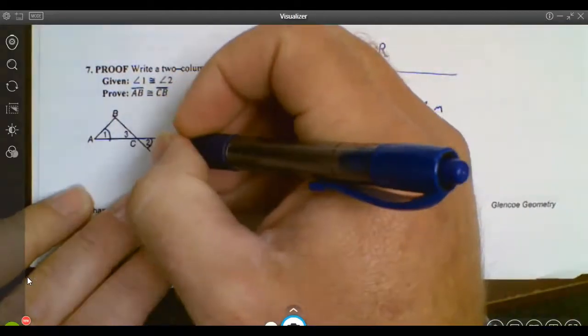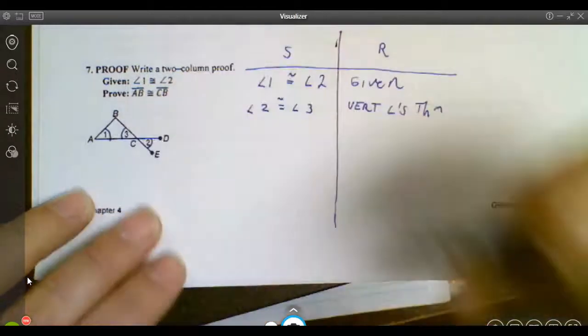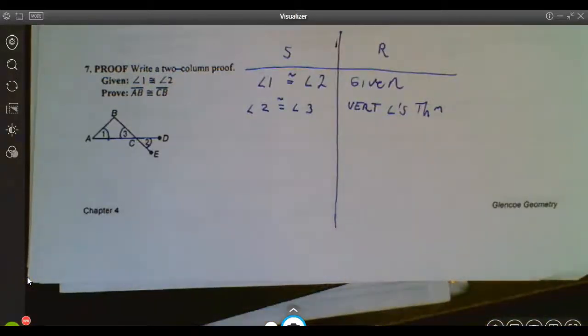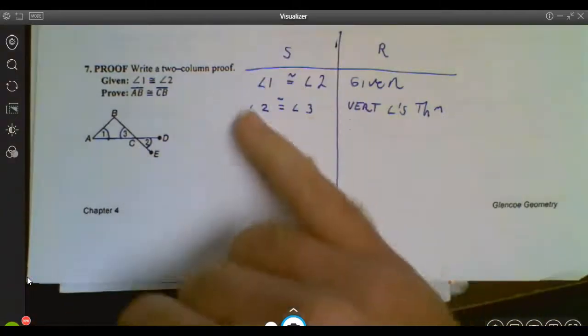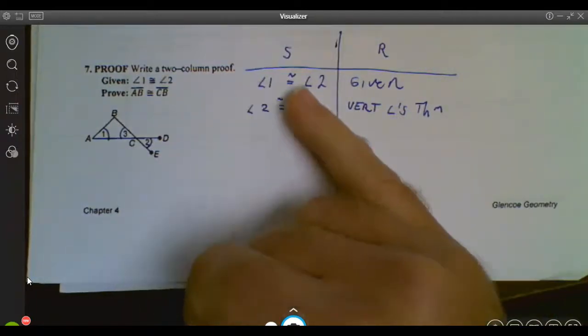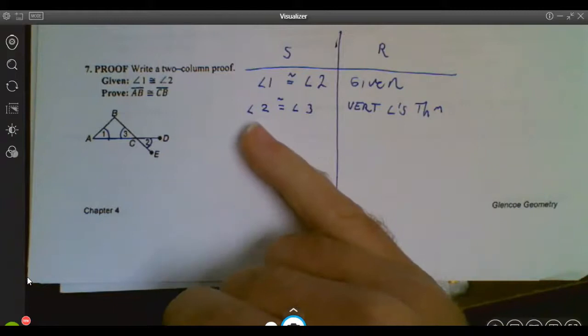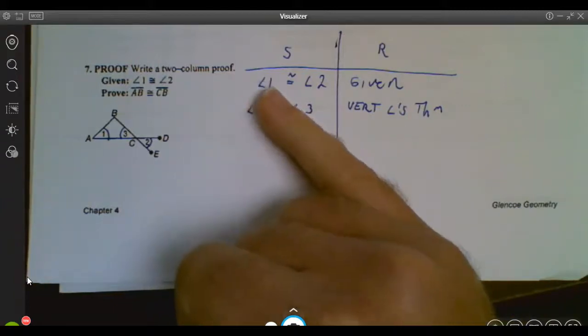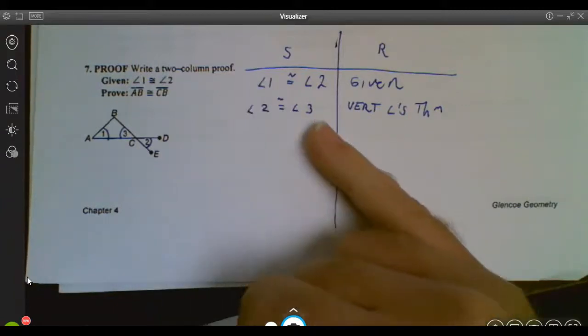So if I just said that 2 is congruent to 3, well, take a look at those markings. Something should stand out to you now. What do we now know about angles 1 and 3? Right, look at these two statements. Here's been one of the most popular ideas that we've talked about all year. If 1 is congruent to 2 and 2 is congruent to 3, what do we have to know about angle 1 and angle 3?